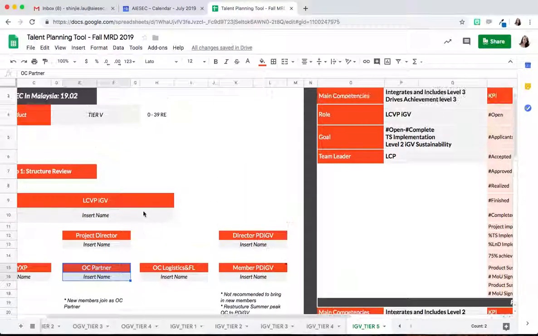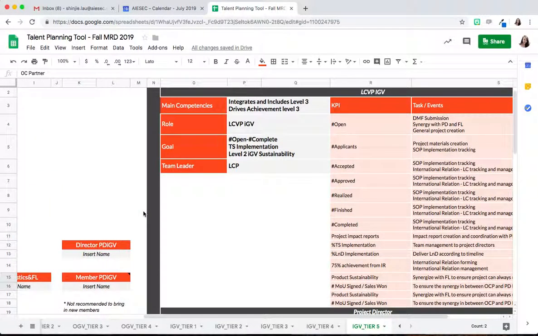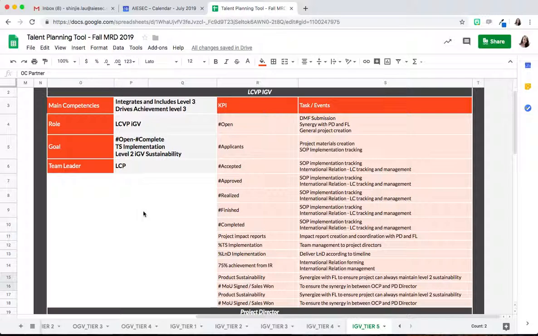Okay, another thing I want to highlight is who is going to be accountable for the different roles. Based on how the structure works, you definitely have a product head here, and the people who are accountable for this, the LCVP iGV, is definitely the team leader, the LCP.